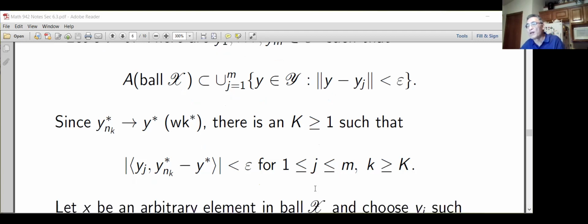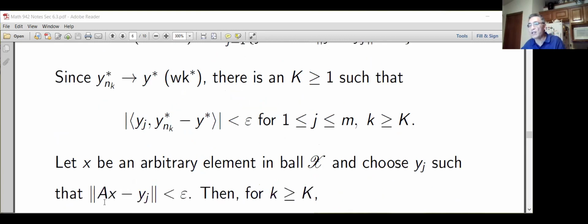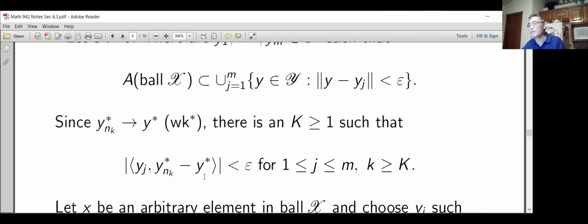Okay, let x be an arbitrary element in the ball of X and choose yj such that the norm of Ax minus yj is less than epsilon. This is possible because every vector of the form Ax is in one of these sets.